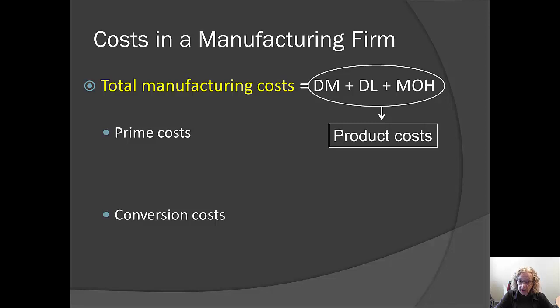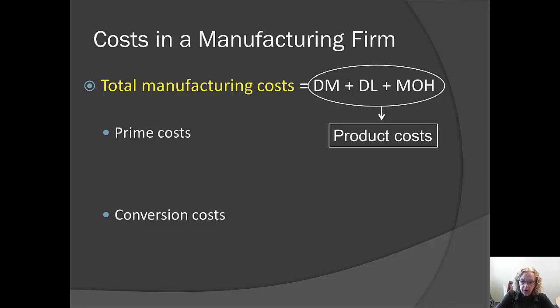So these are all going to become product costs, and whether they end up on the balance sheet or on the income statement is going to depend on whether the units to which they are attached are sold or not.